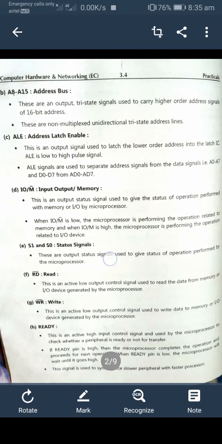IO/M, input output memory. This is an output status signal used to give the status of the operation performed with memory or input output by the microprocessor.